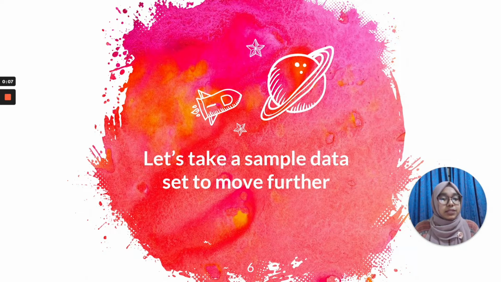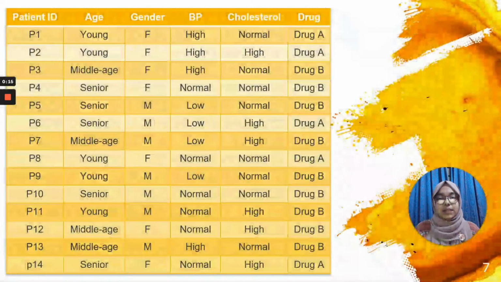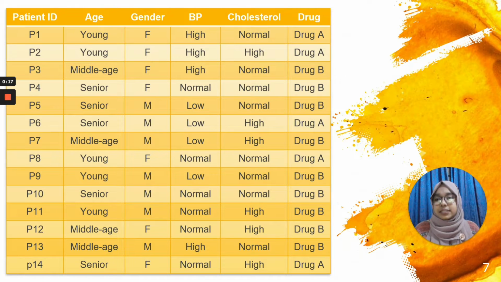Now we will see an example, calculate it, and finally draw the decision tree. Here we can see a dataset which has various attributes like age, gender, blood pressure, cholesterol, and drug. The attribute age has various types: young, middle age, and senior.